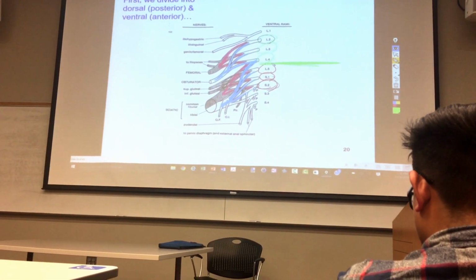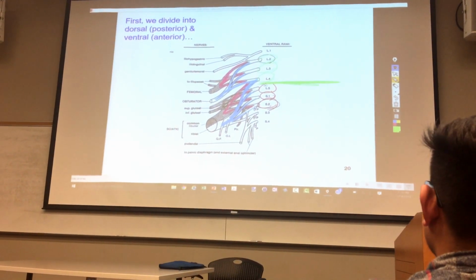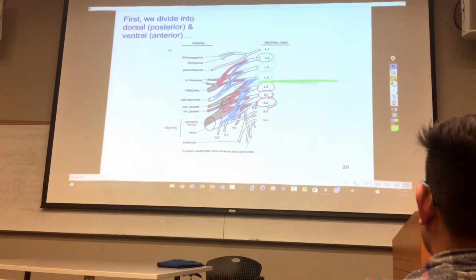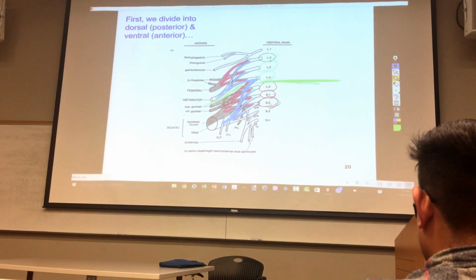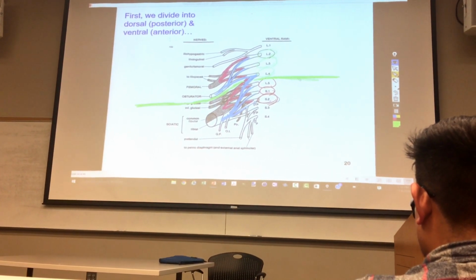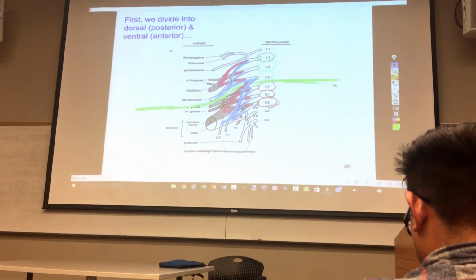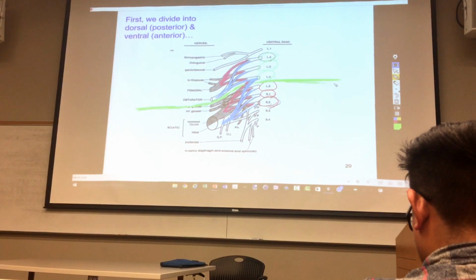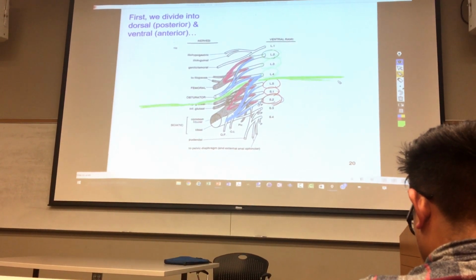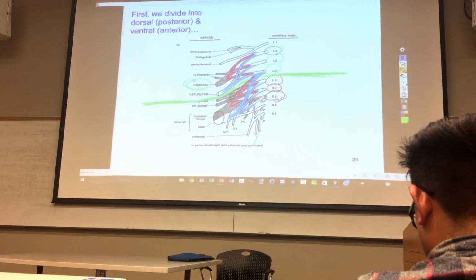Now, if I follow that, yes, I have to account for the fact that L4 sends a little branch down, but essentially, look at where the division goes, just like that. See that division? So do you see how neatly we can now separate our lumbosacral plexus? Now what you end up with is a nerve that is a little bit more cranial, and it's made up of dorsal parts.